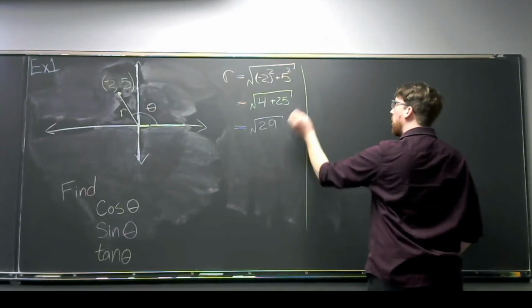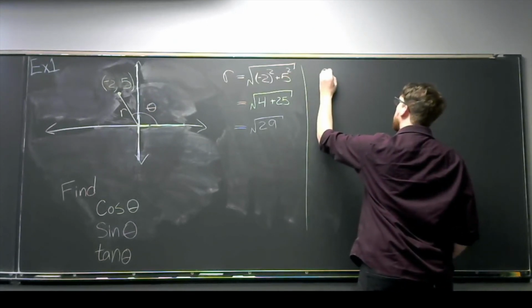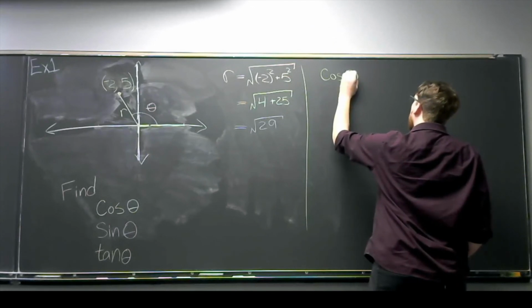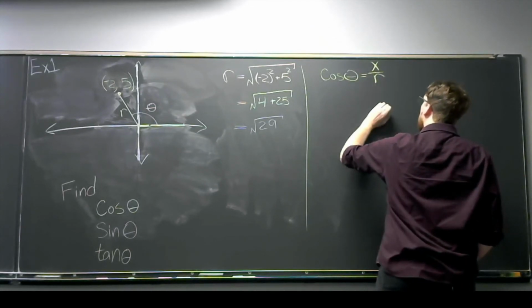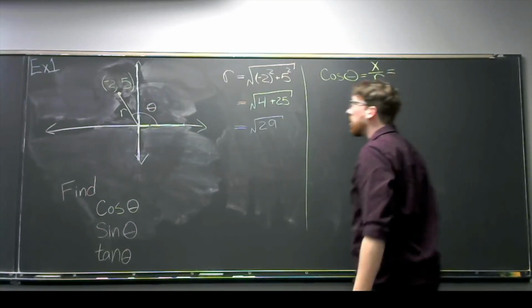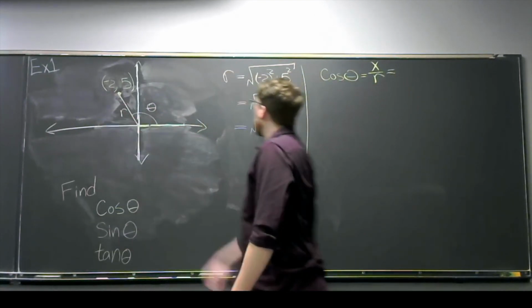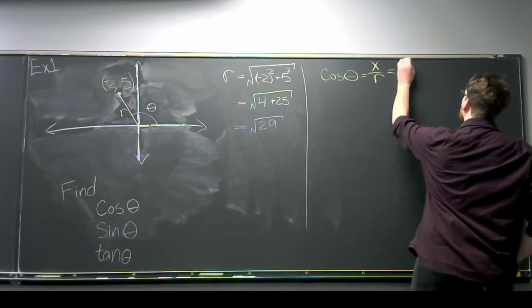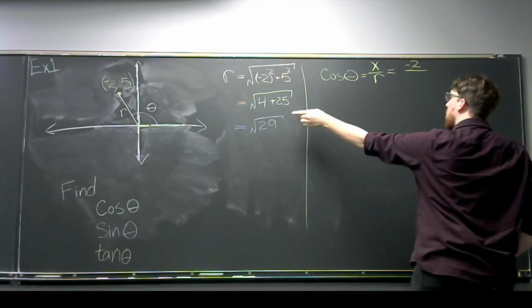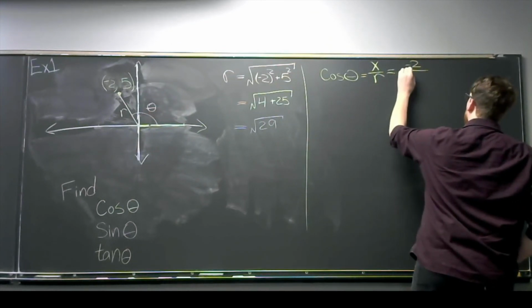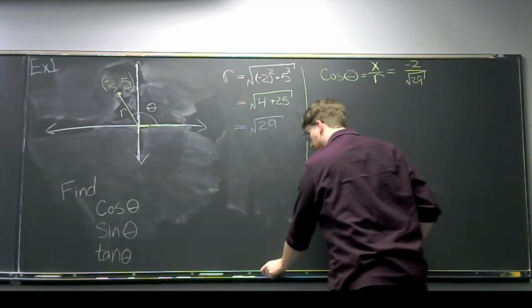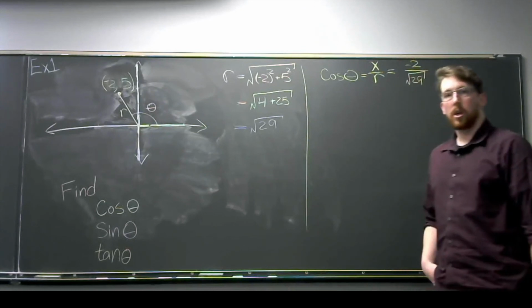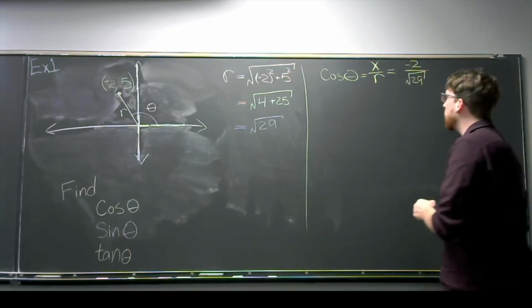To start with, let's calculate cosine. Cosine of theta is equal to x over r. In our case, x is -2, and r is the square root of 29. Now calculating sine.